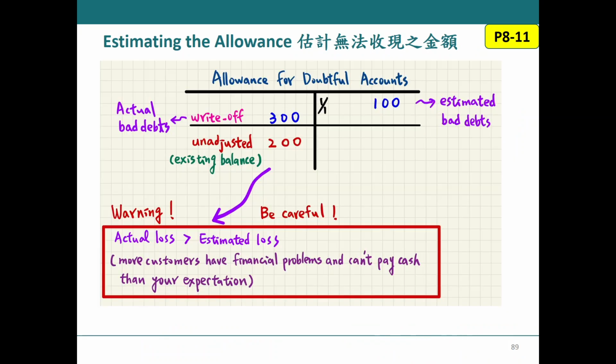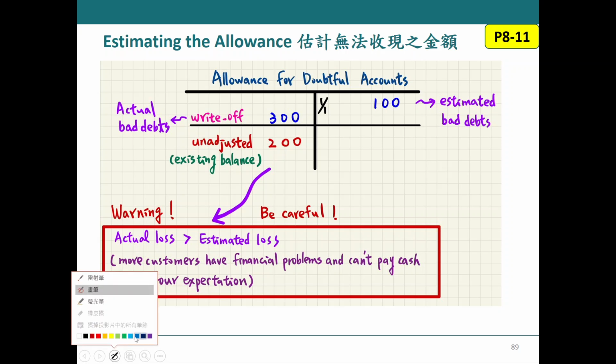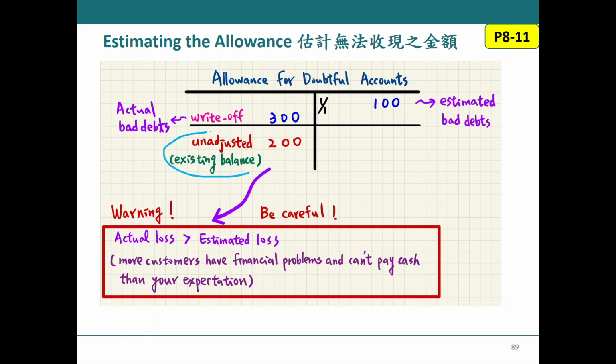So we talk about this case on your slide, page 89. When you find out there is a debit balance for your existing unadjusted balance, then you should be very careful. A special big event happened that made your actual loss higher than your estimated loss.